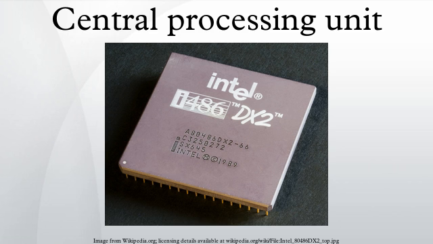In later years, some of the emphasis in designing high ILP computers has been moved out of the CPU's hardware and into its software interface, or ISA. The strategy of the very long instruction word causes some ILP to become implied directly by the software, reducing the amount of work the CPU must perform to boost ILP and thereby reducing the design's complexity.